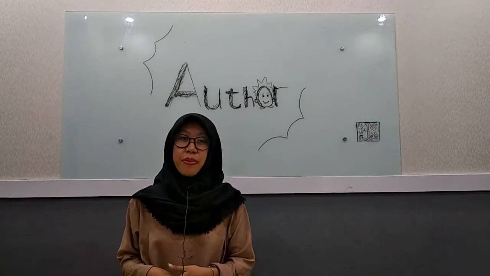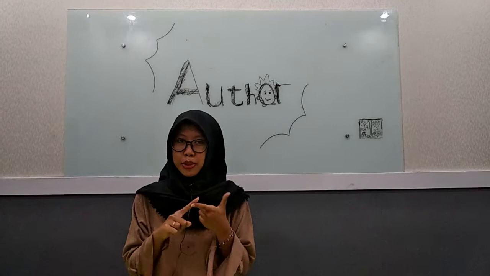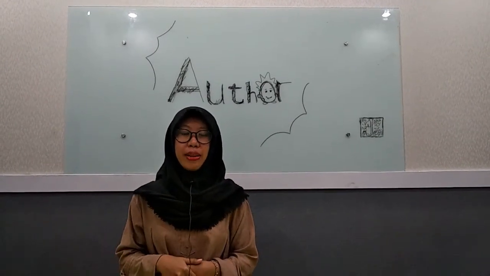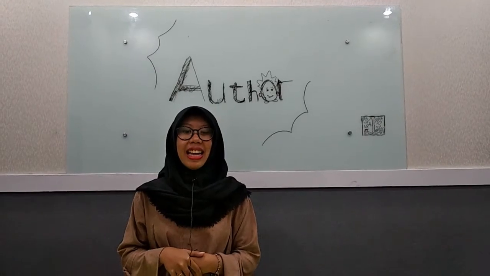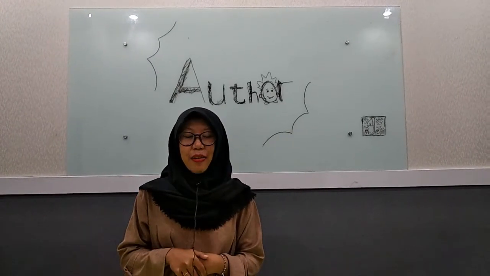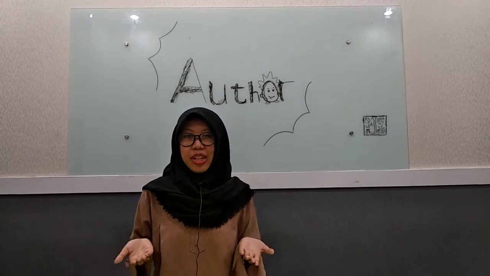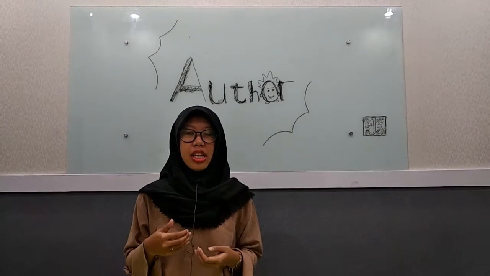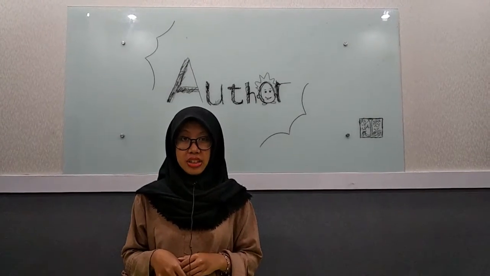When you find any information in journals, books, and newspapers, you have to know who the author is by looking at their background. Why should we do that? The answer is for determining if the author is proven in research.